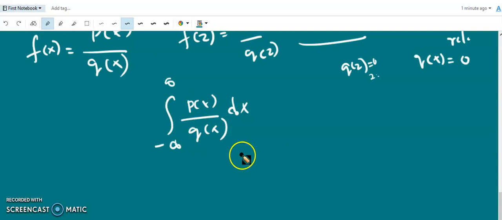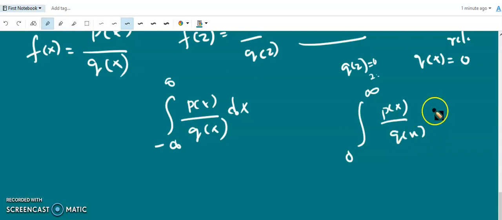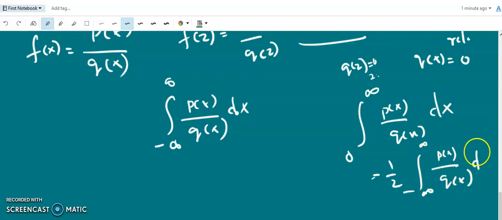Also we can evaluate integral 0 to infinity p of x by q of x dx using this method. The integral from 0 to infinity will be half of this integral, minus infinity to plus infinity p of x by q of x dx.